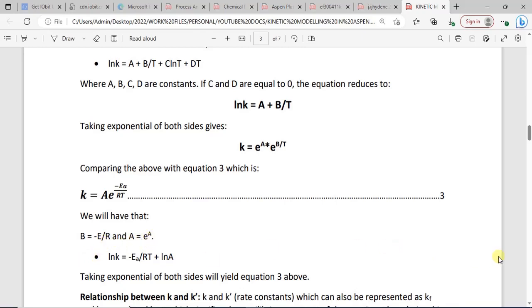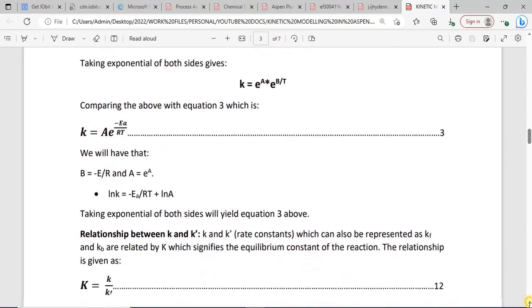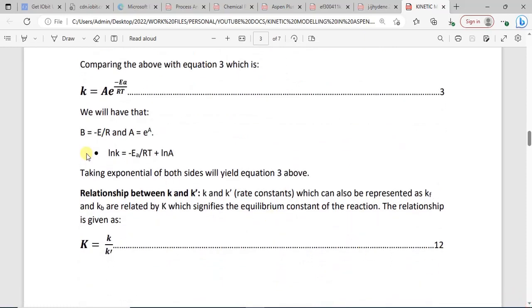Another form in which this rate constant can be expressed is where you have ln k is equal to minus Ea over RT plus ln A. In this case, all you need to do is take the exponential of both sides, and once you do that, you get back to equation 3.